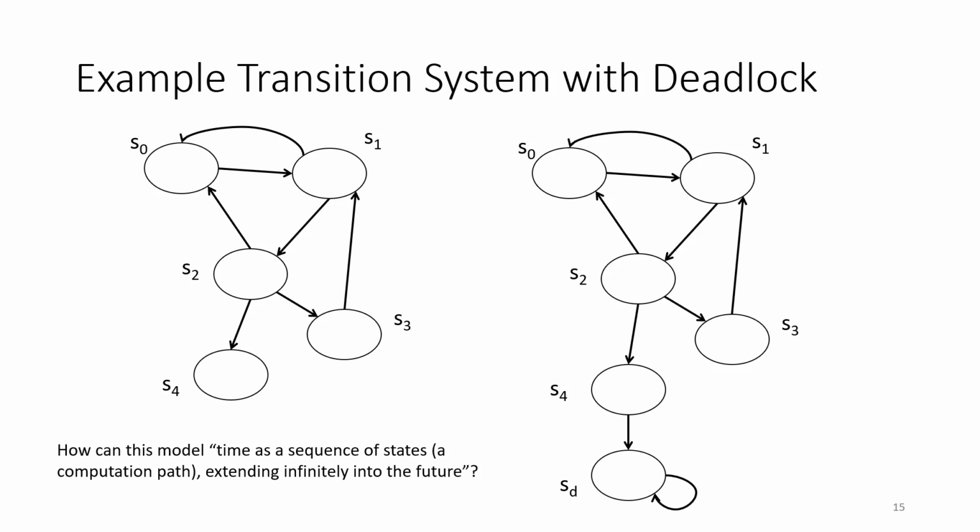So now, if you ever end up in S4, you can still extend infinitely into the future by simply repeating SD, this deadlock state, forever. This way, we fix the system, and every possible computation in this system now can be infinite. We can always extend this infinitely from any state that we could be in.